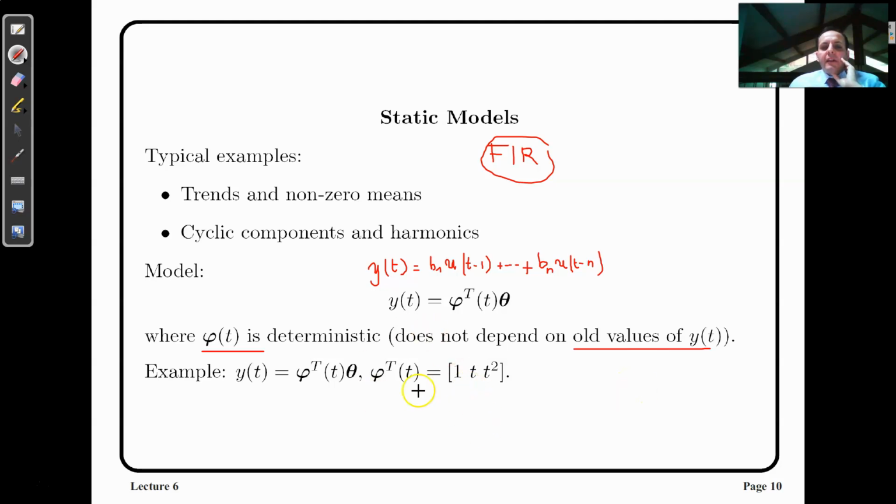In some cases, you can have a phi which also contains the time variable, because you can consider a time varying system, which is not our case.